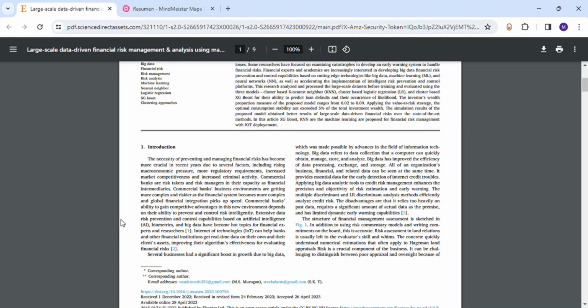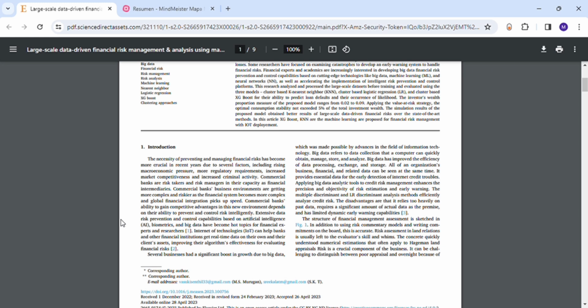Commercial banks' business environments are getting more complex and riskier as the financial system becomes more complex and global financial integration picks up speed. Commercial banks' ability to gain competitive advantage in this new environment depends on their ability to prevent and control risk intelligently.